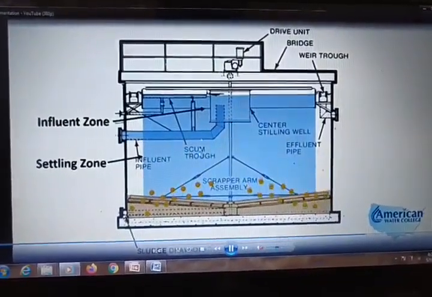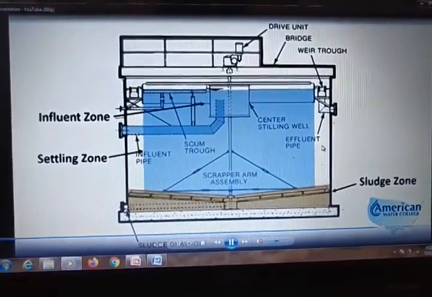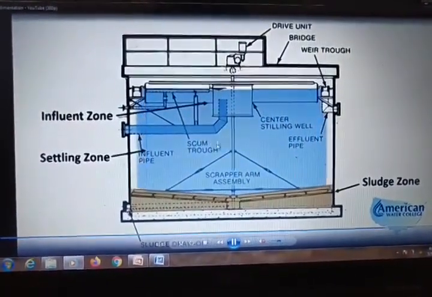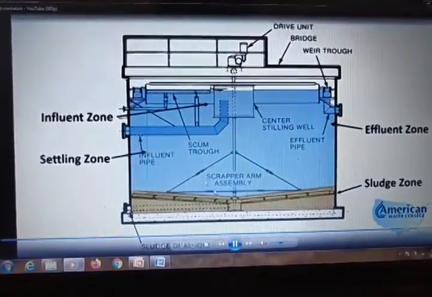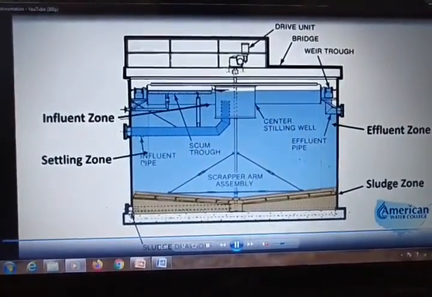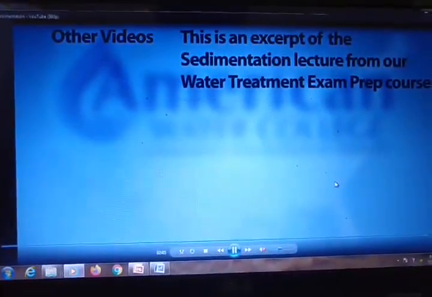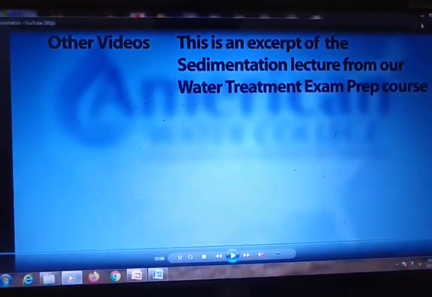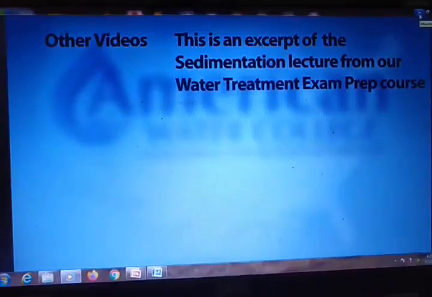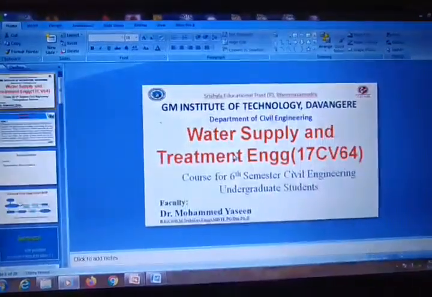This is the effective settling zone. As you can see, there is a blank area here, that is the outlet zone. From the settling zone the particles will be settled, and from the outlet zone, the effluent zone, the water will be taken out. Okay, I hope you got an idea of the different types of zones in a sedimentation tank and the theory of sedimentation.